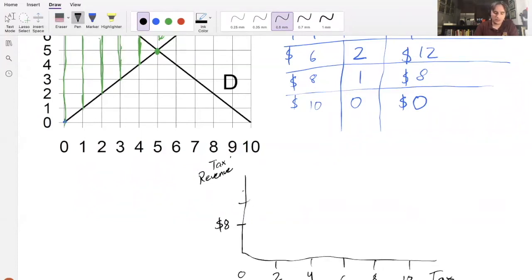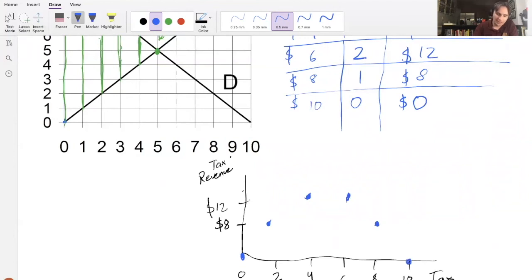Let's put $8 and $12 in tax revenue. All we have to do is take our points from the table. The graph's a little messy, I'm sorry about that. 0, 0; 2, 8; 4, 12; 6, 12; 8, 8; and then 10, 0.